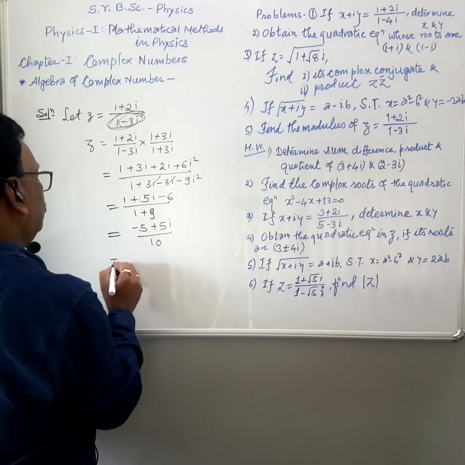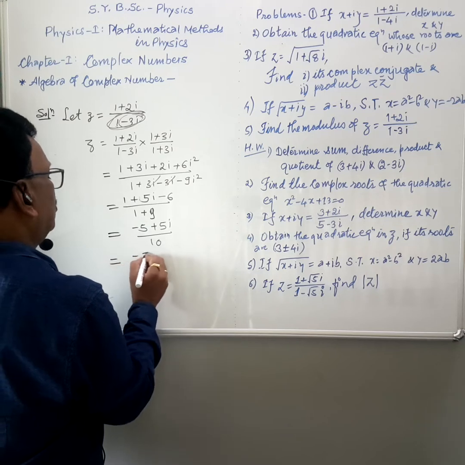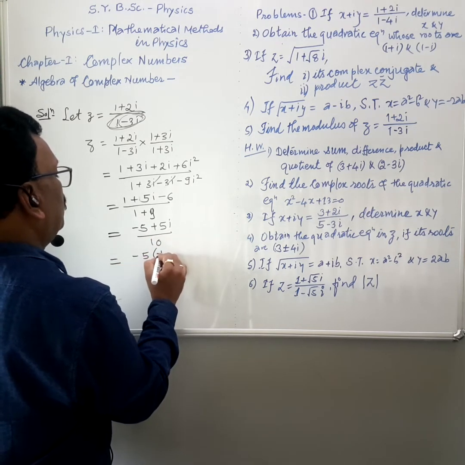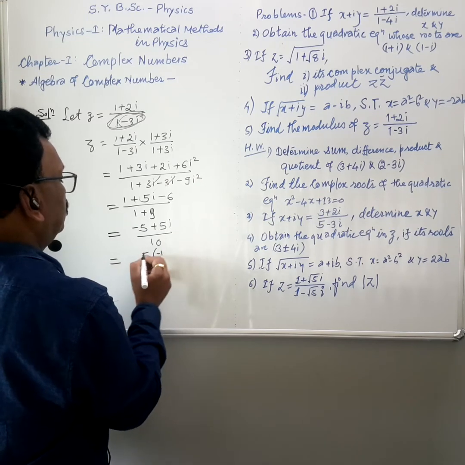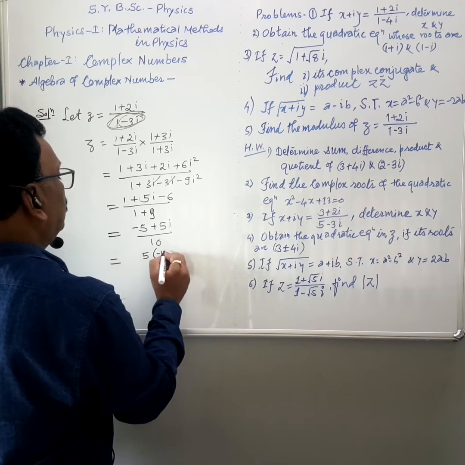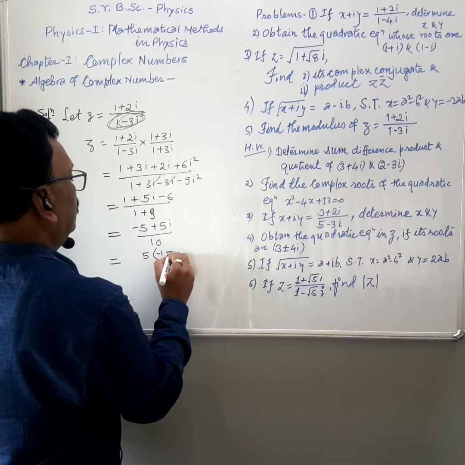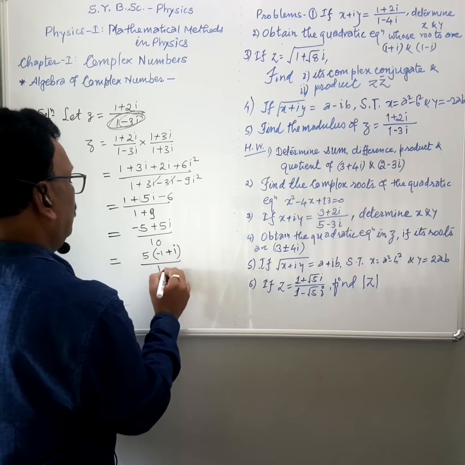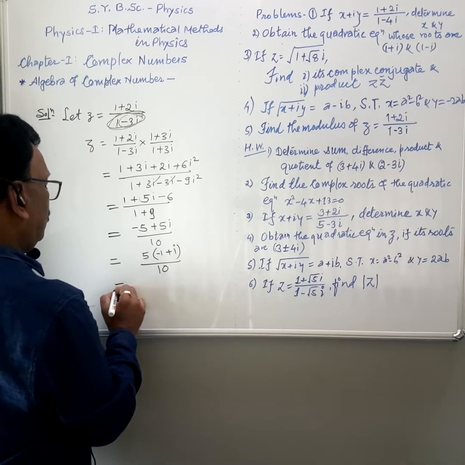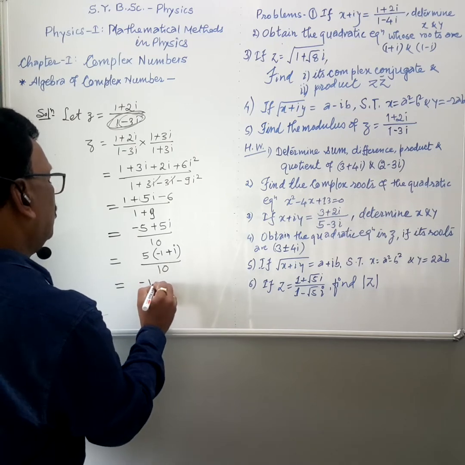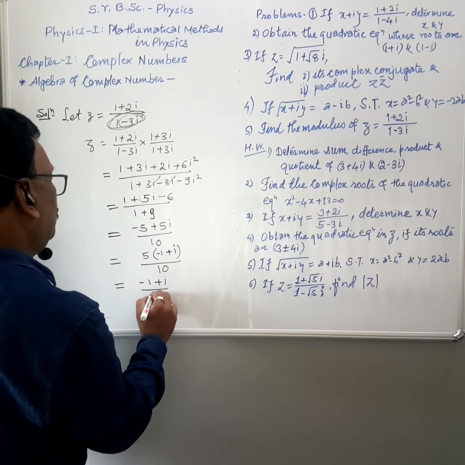Again solve this term, we take only 5 as a common factor, then minus 1 plus i upon 10. Solve this term, we get minus 1 plus i upon 2.